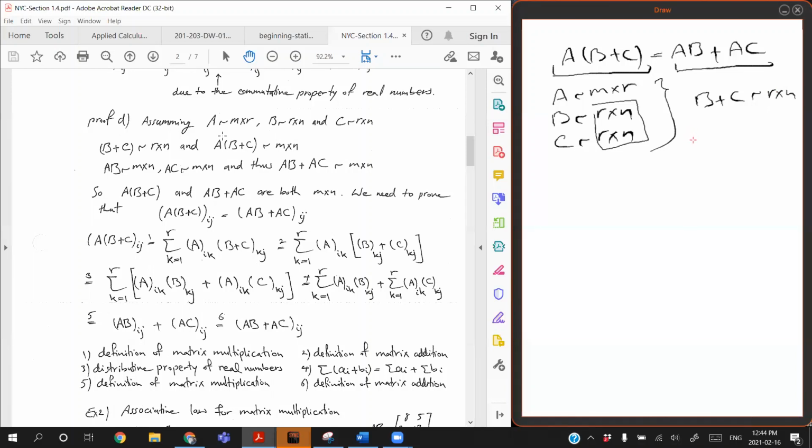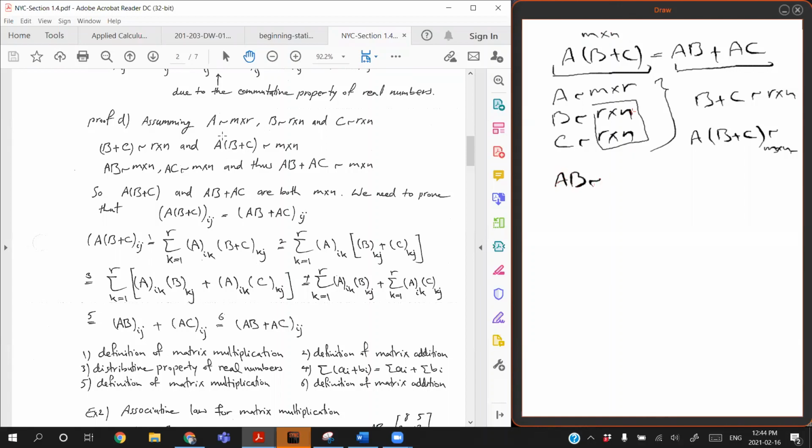Then A times (B plus C) would be, if I just do A, which is M by R, times something that is R by N, the result is going to be M by N. So far we learned that on the left, the size is M by N. What about the other side?